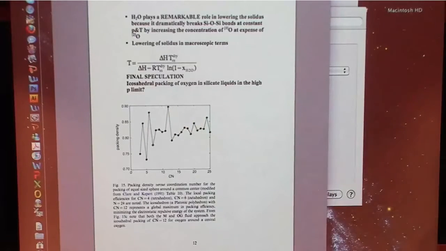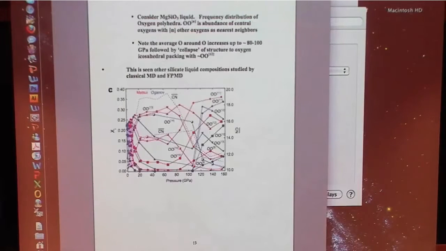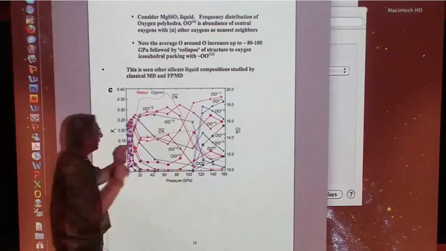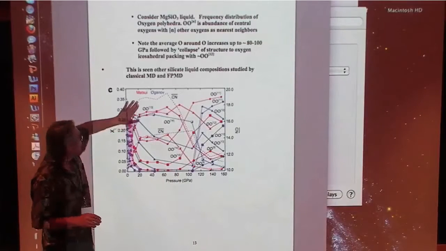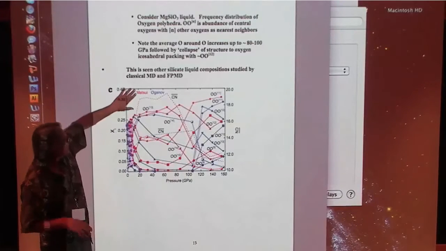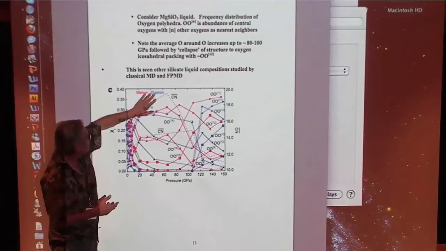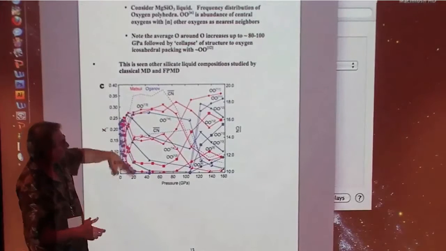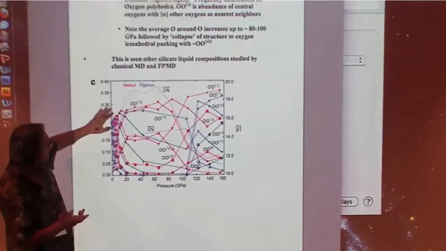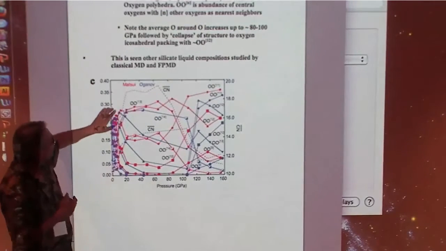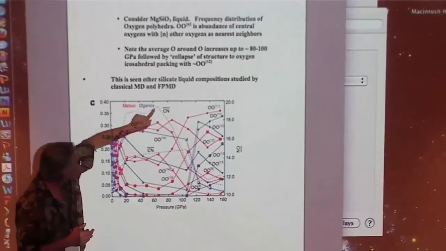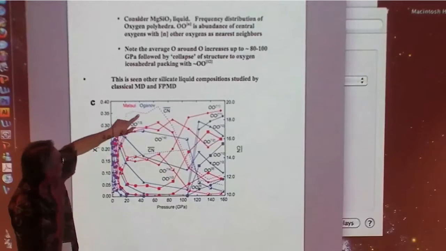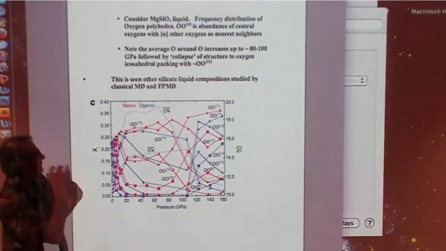If you look at this, this is MgSiO3 liquid. It's one empirical potential that we ran, and another empirical potential by Oganov that we ran in MD. And I think there's even some first principles stuff in here somewhere. It's in the paper. But notice this dashed blue line is the average coordination number of oxygen around oxygen.